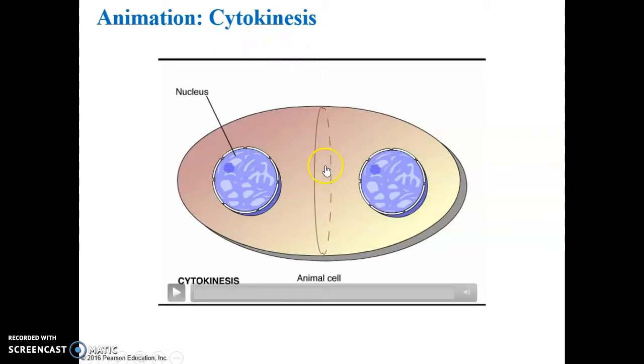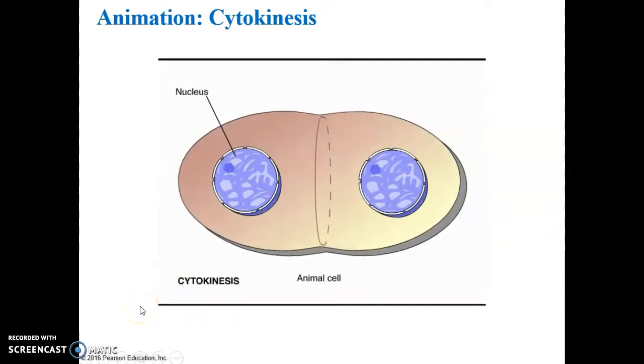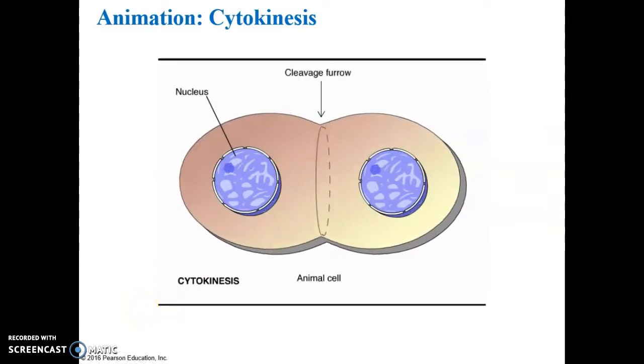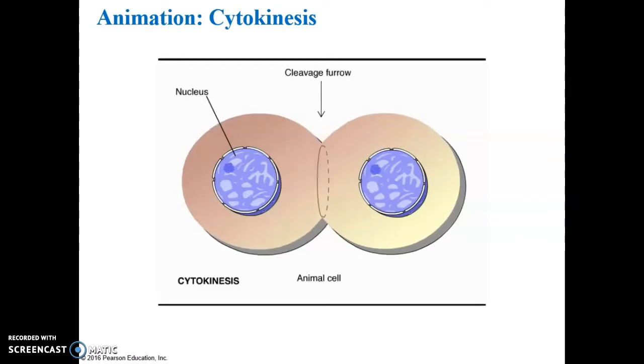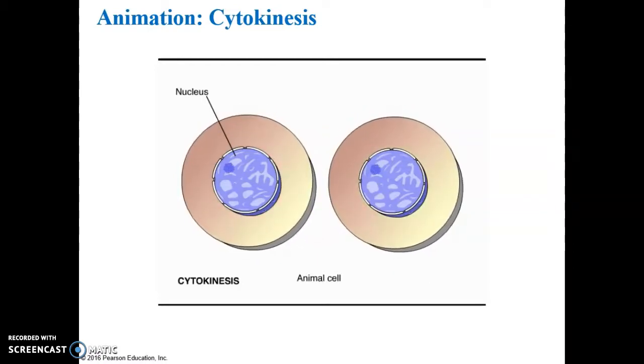And cytokinesis, which is the physical separation of the one original parental cell into two daughter cells. This is fairly short. In animal cells, cytokinesis begins with the formation of a cleavage furrow. At the site of the furrow, a ring of microfilaments contracts, much like the pulling of drawstrings. The cell is pinched in two, creating two identical daughter cells.